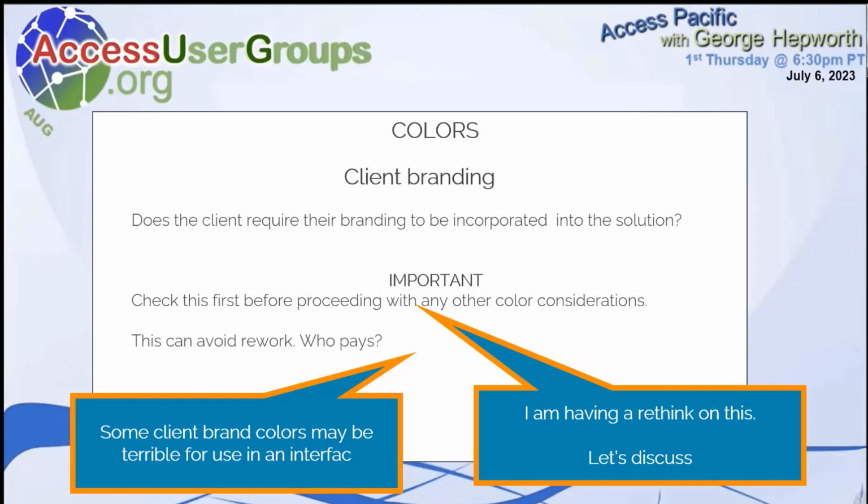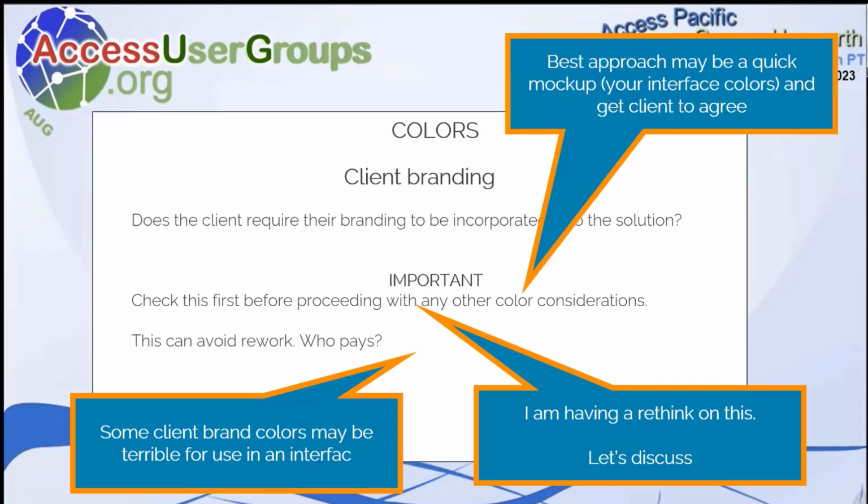So maybe one way to approach it is to come up with a mock-up and see if they agree, and make that part of the terms and conditions, part of the scope, and let them come back and say if the client colors should be part of this design. And if they do, then you might have to explain why that might not be optimal for them. But it's just one consideration that caused a hiccup in one of the projects that I worked on.